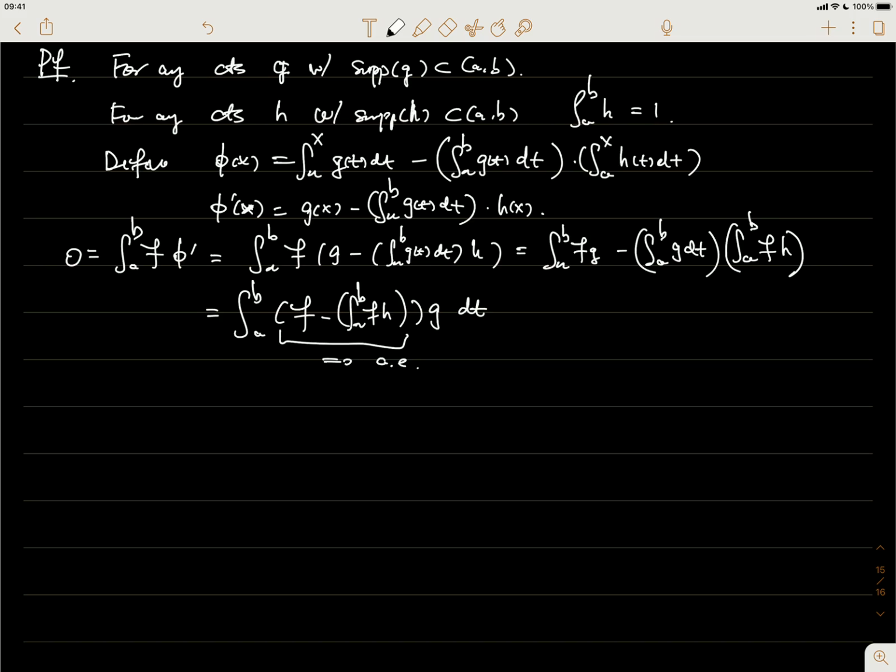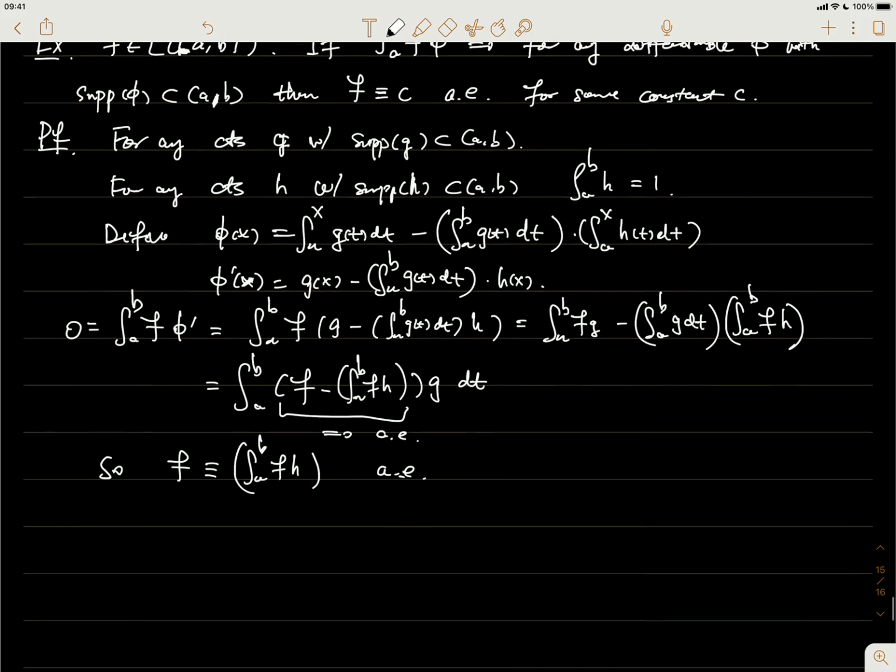Okay, so that's why f should be equal to the integral of fh, and this is a constant almost everywhere. Because this integral does not depend on x at all; it's just a constant number, and f should be equal to this constant.